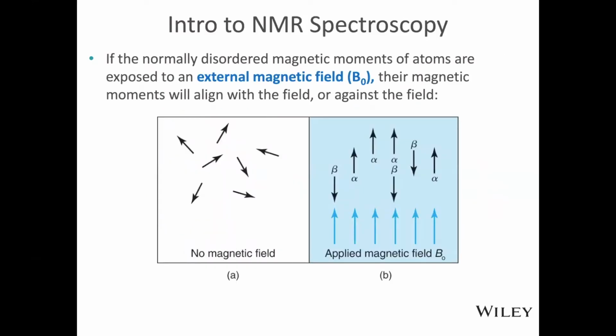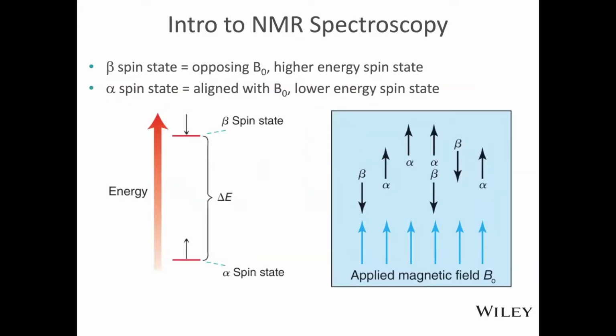If we look at the normally disordered magnetic moments of atoms, and we expose them to an external magnetic field, which we'll call B0, their magnetic moments will align with the field, either with or against the field. A beta spin state is one that is aligned but opposing. So it is the one that is aligned against, and that's much higher in energy.